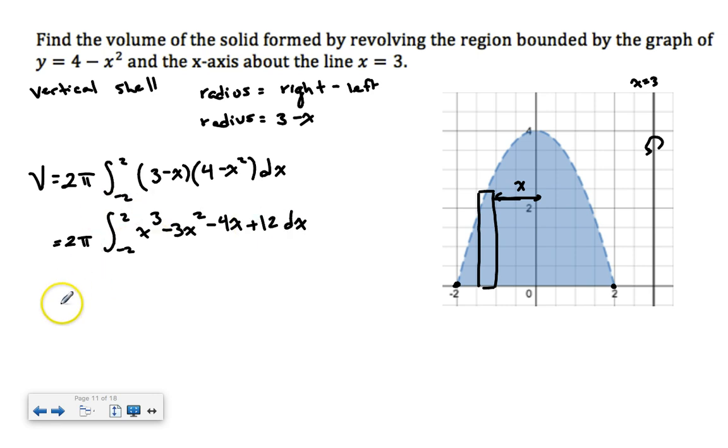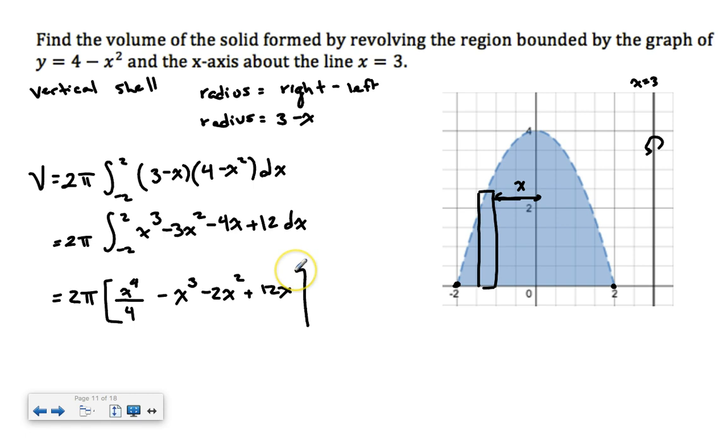Taking the antiderivative of the inside, 2 pi times x to the 4th over 4 minus x cubed minus 2x squared plus 12x.